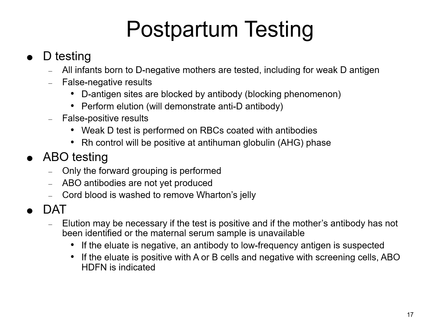So if you have to do an elution of any sort and it's negative, you could be looking at some sort of antibody to a low frequency antigen. If you do that elution and it's positive, and your baby's a type A or B and mom was O, then we know those anti-A or anti-B have coated that infant's cells, and so perhaps there's a negative antibody screen, but you have these anti-A and anti-B antibodies present, and so we know that there's an ABO incompatibility present.